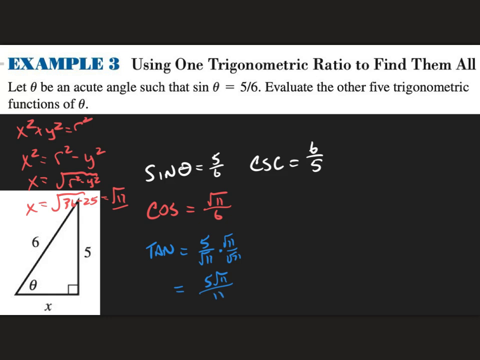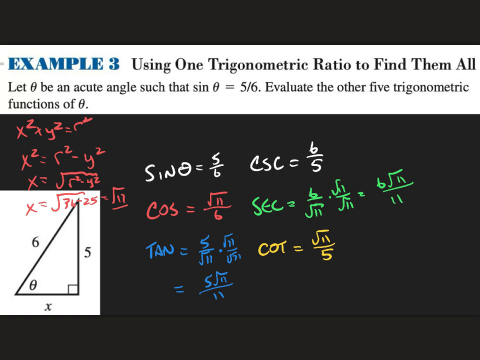And the cosine goes with the secant, so that gives us 6 over root 11, but we can't leave it like that, which is 6 root 11 over 11, and then the cotangent, which goes with the tangent, is root 11 over 5.